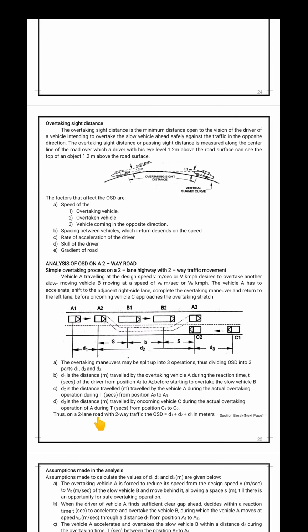Then the spacing between the vehicles A, B, C, which again depends upon the speed. Then the rate of acceleration, the skill of the driver, and the gradient of the road. Based on these, the overtaking sight distance depends.